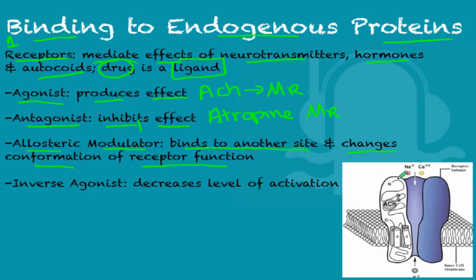So what would happen is instead of binding here, they would bind here, and they would change the conformation of this receptor binding site from this to, let's say, this. And therefore, the original ligands or endogenous substances cannot bind here. And lastly, an inverse agonist. This decreases the level of activation of the receptor.